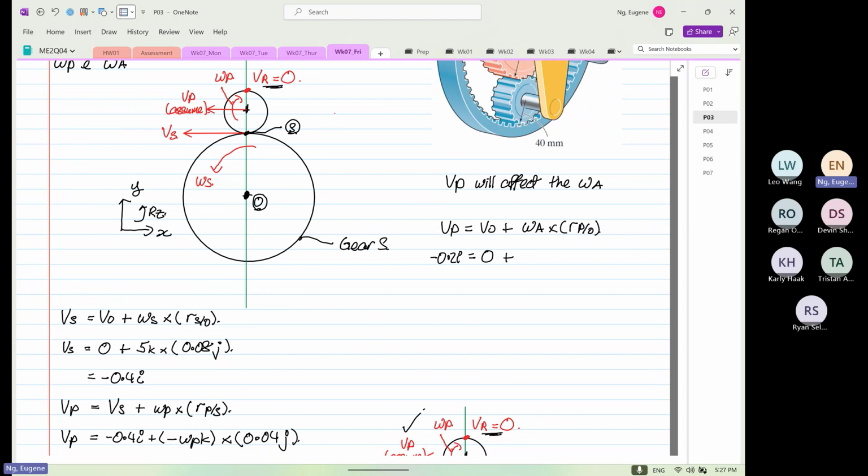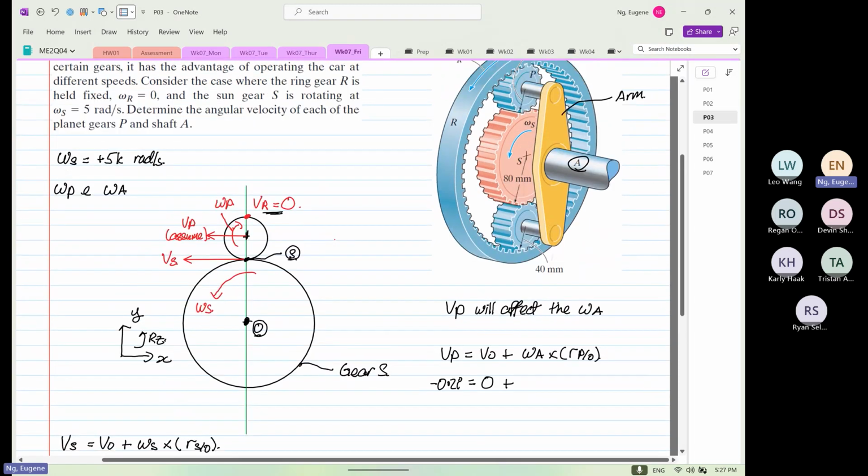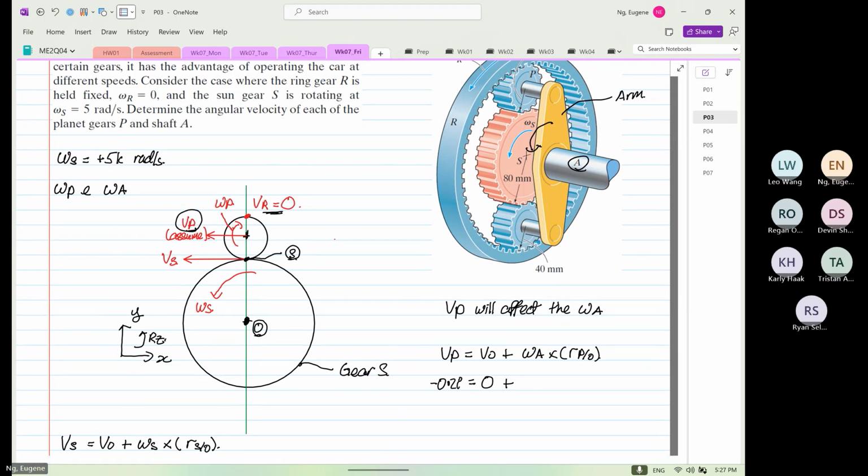For this case, I will call omega A going in this direction. I'm very sure, because VP is going towards the left, so it is an anti-clockwise direction: minus omega A K cross R P from point O. So 0.8 plus 0.4 is 0.12 J, positive.